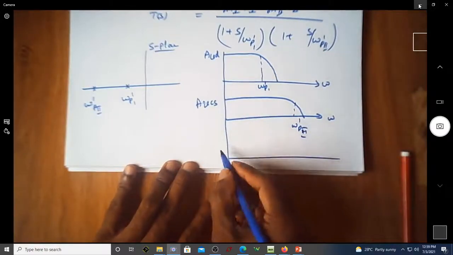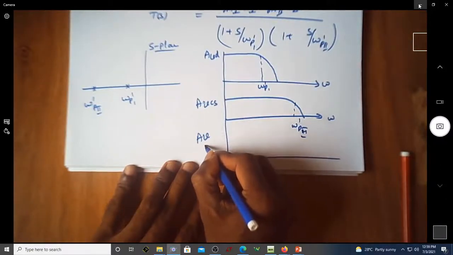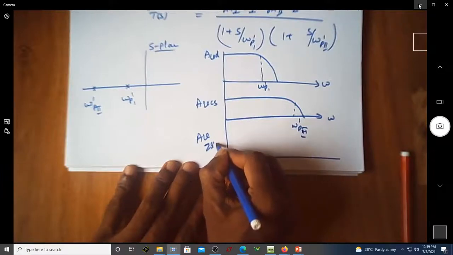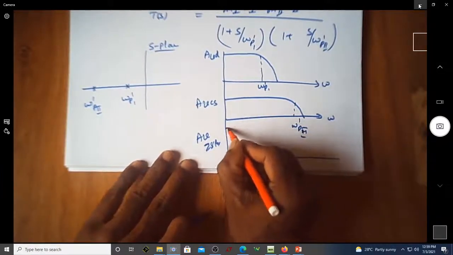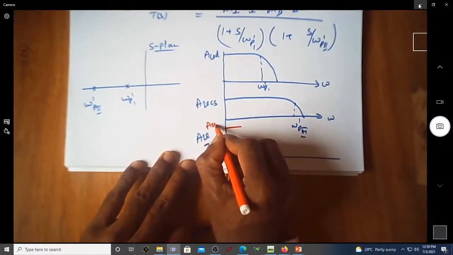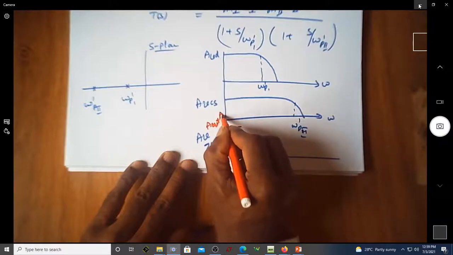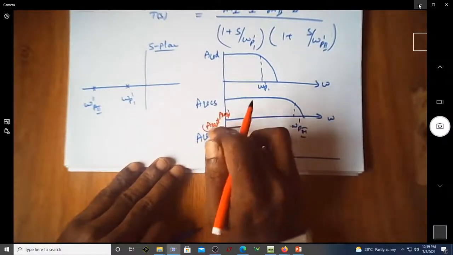So what is the overall frequency response of AV of the two-stage op-amp? Now it is going to have increased gain. What is the gain now? It is AVD multiplied by AVCS. If you're taking it in terms of dBs, it is 20 log of this into this.